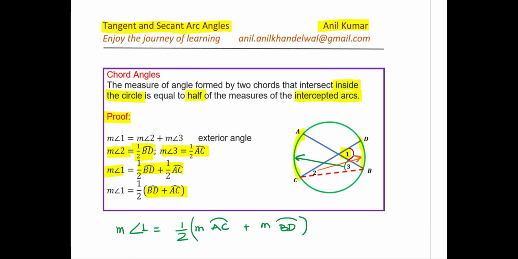So the intercepted arcs are AC and BD. Add them, divide by 2 to get the value of angle 1. You get the idea. So in one type of question where you have chords intersecting, you can find the angle using this particular formula. Clear?